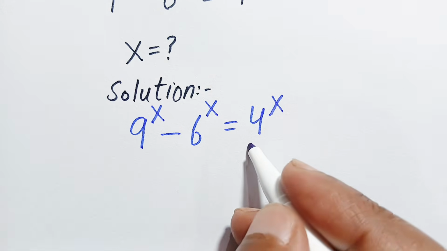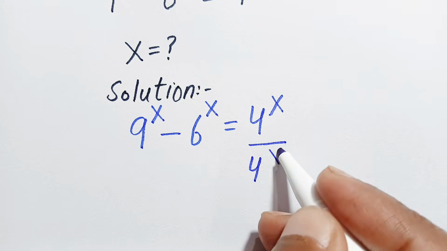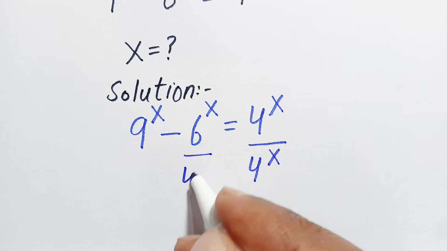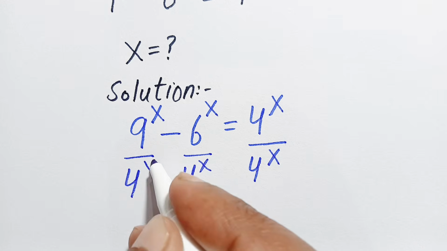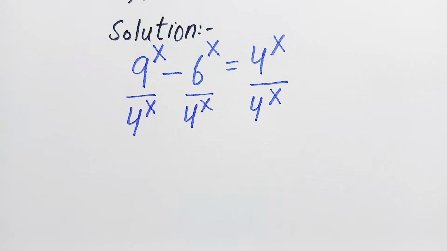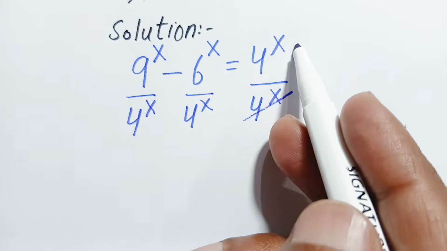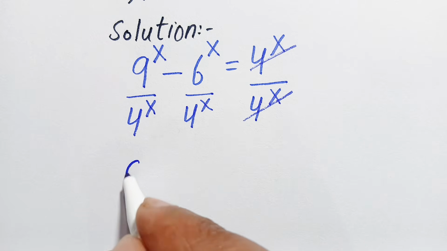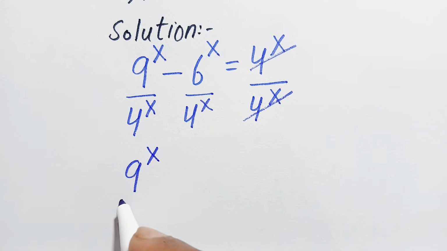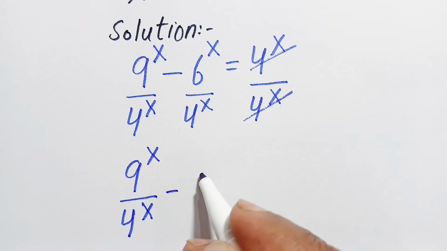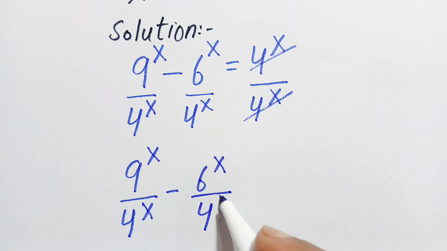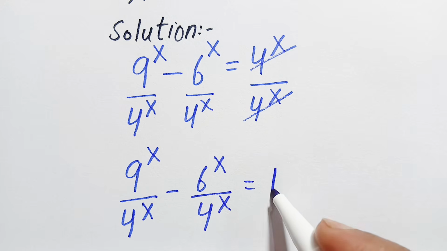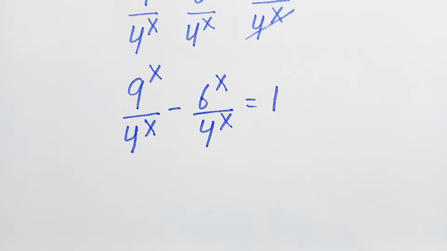By dividing 4 to the power x on both sides, we have 9 power x over 4 power x minus 6 power x divided by 4 power x is equal to 1.